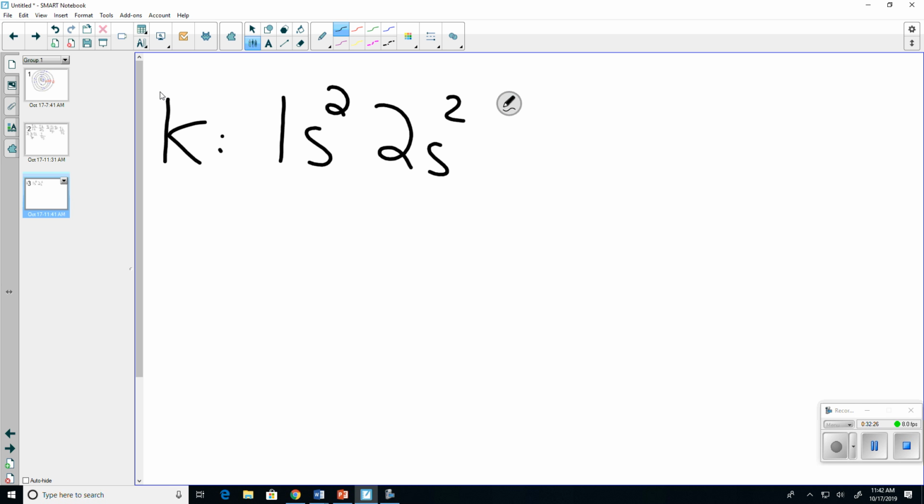After 2s2 comes 2p6. And you can look back at your previous page. You have 6 arrows above the 2p. That's what that superscript 6 is trying to tell me. After 2p6 comes 3s2.